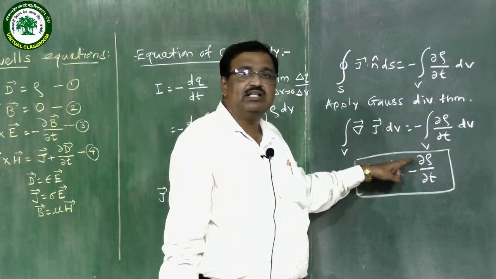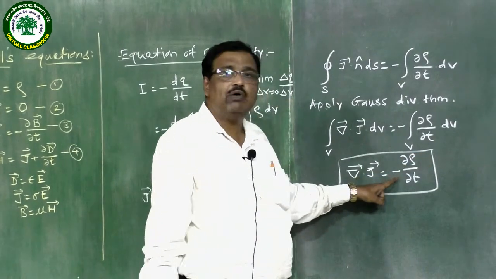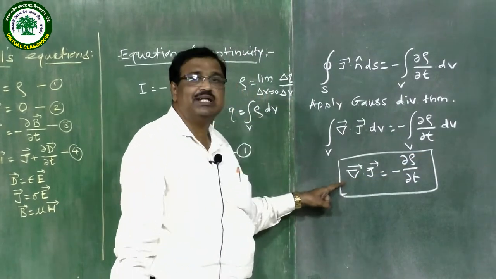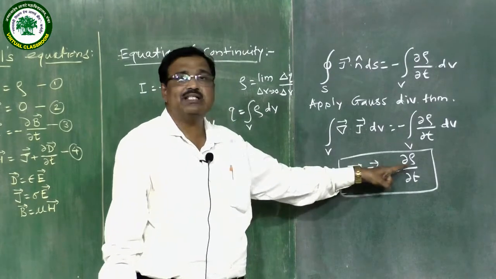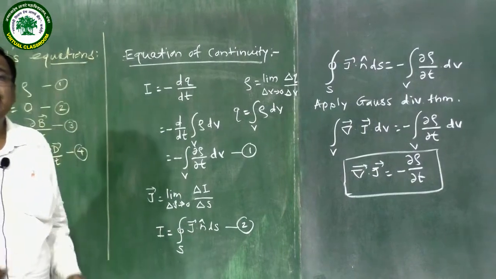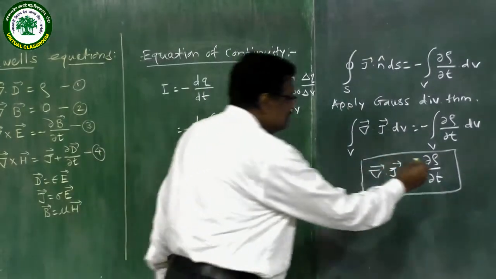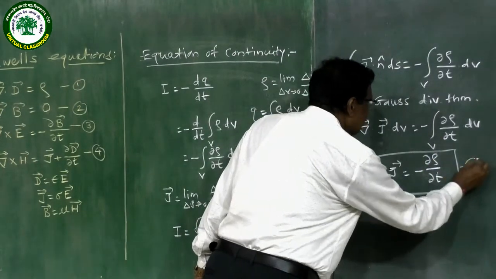That means the rate of change of charge density decreases, so we have a negative sign, and the equation is written as divergence of J is equal to minus del rho upon del t. This is an important equation in the development of electromagnetic theory, and it is called the equation of continuity.